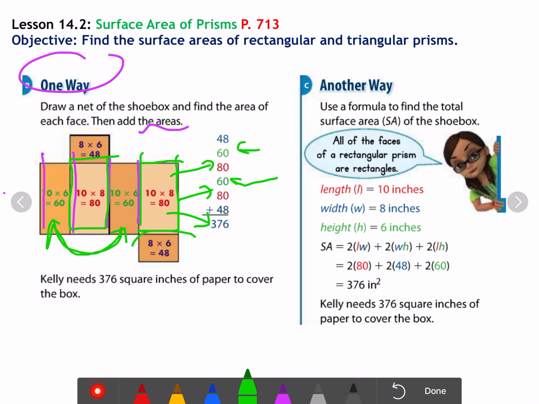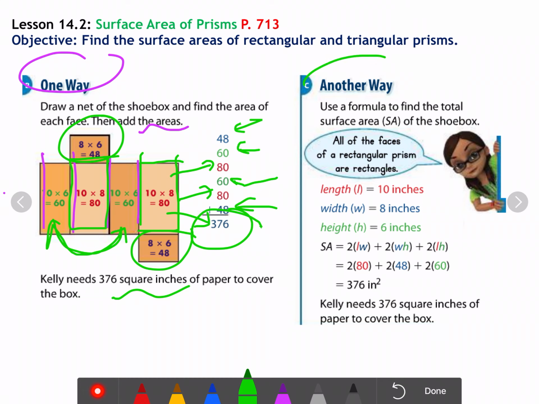And these two small rectangles will be 6 multiplied by 8, depending on the given lengths, so 48. If we find the area of one of the two congruent rectangles, we know the area of the second one. Now we add all the areas of the faces, and we get the surface area, 376 square inches.